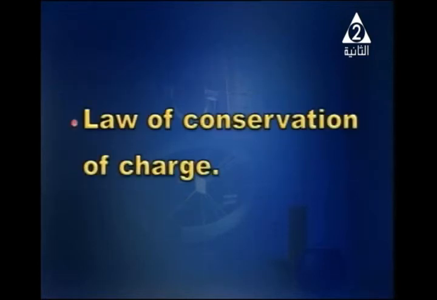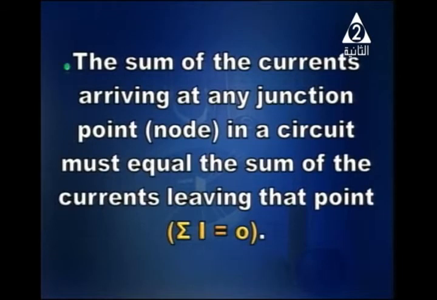And what about the relation that gives the law of conservation of charge? First law of Kirchhoff. The sum of the currents arriving at any node, any junction in a circuit, must equal the sum of the currents leaving that point.